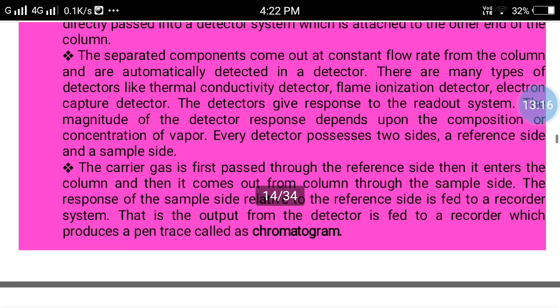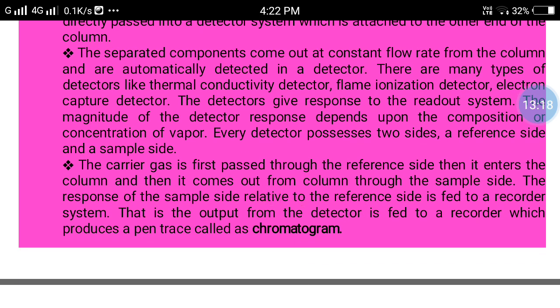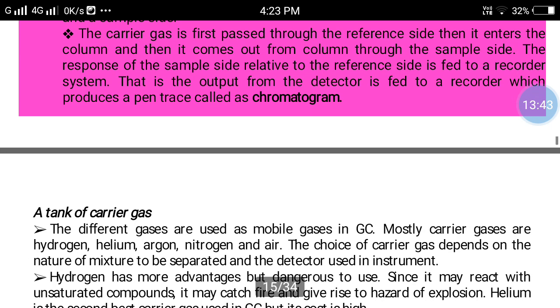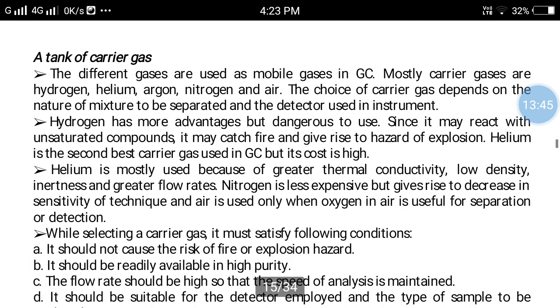The carrier gas is first passed to the reference side, then it enters the column and then it comes out from the column through the sample side. The response of the sample side relative to the reference side is fed to a recorder system. That is, the output from the detector is fed to the recorder which produces a trace called a chromatogram.